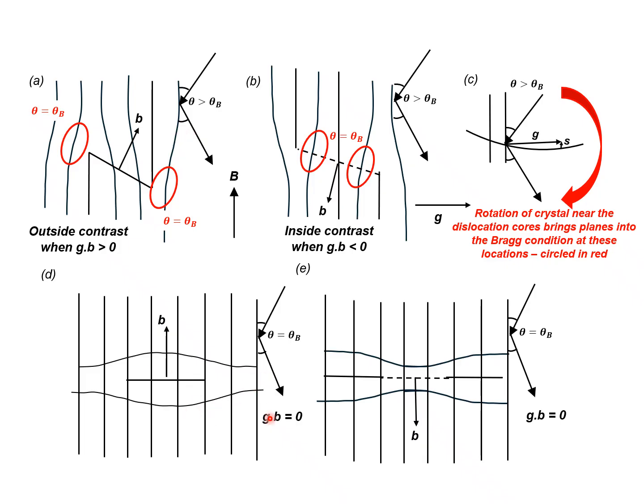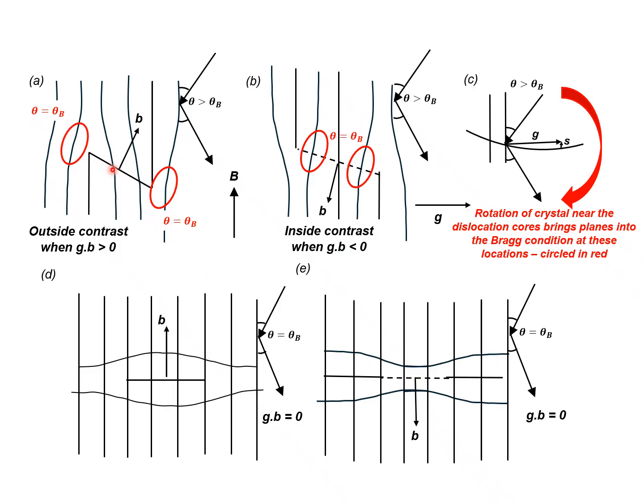On the one instance, if we look at a diffracting plane where the g vector is perpendicular to the plane, and I cover that in another lecture, and the Burgers vector is parallel with the plane that's diffracting, you get no contrast, whether it's an interstitial loop or a vacancy loop.